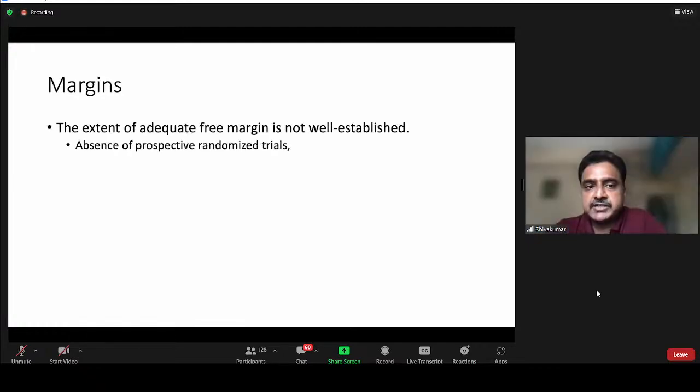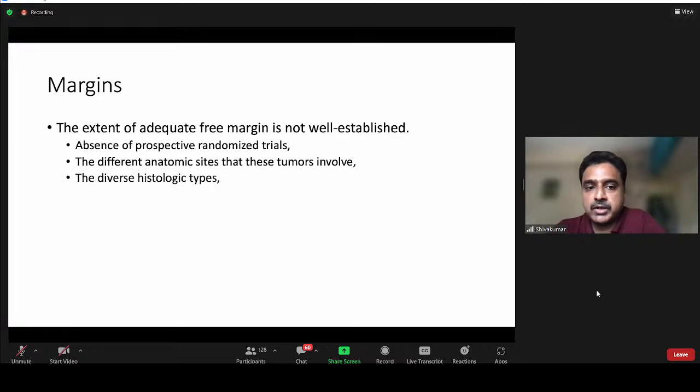The question of margins for parotid tumor is always debatable, because there are no clear-cut trials which talk about these margins. The site matters, because there are multiple sites: the parotid, the submandibular, the sublingual glands. There are diverse histology types. And of course, the most important one is the facial nerve. Many times you have to go through the tumor to save the facial nerve, or at least assess whether the nerve is involved or not.